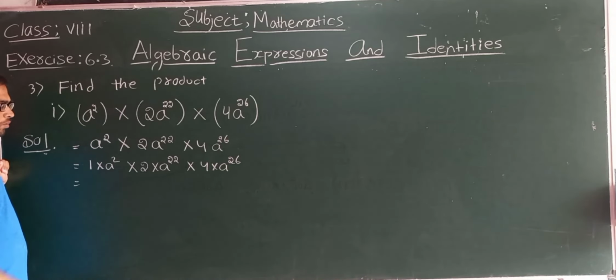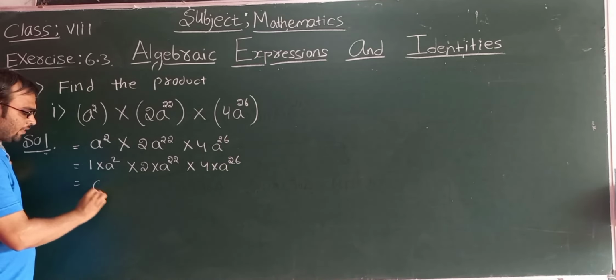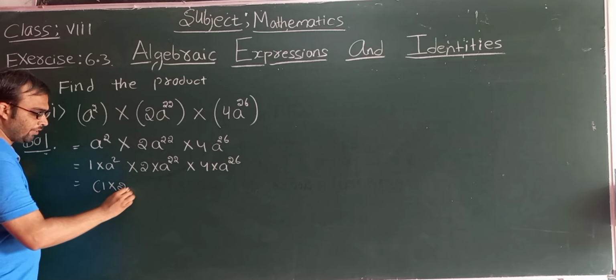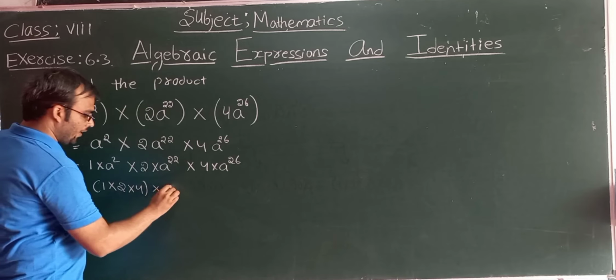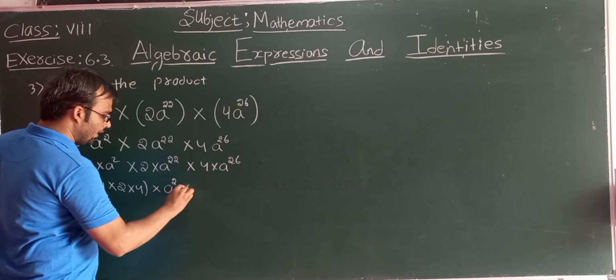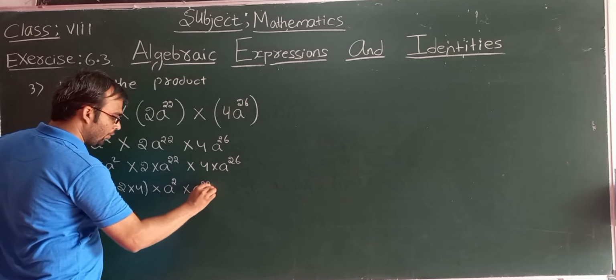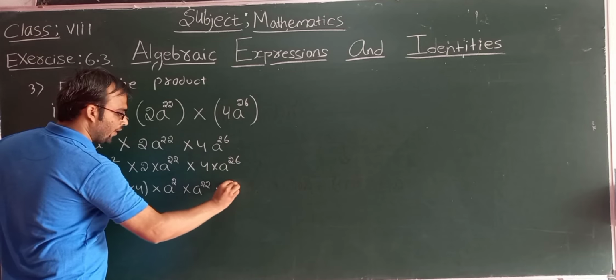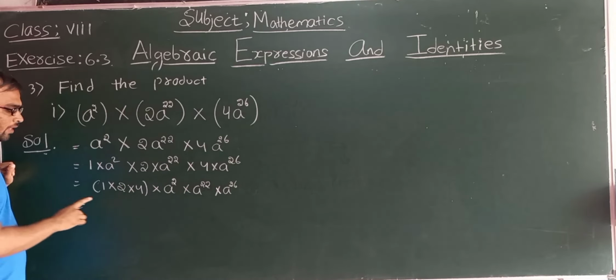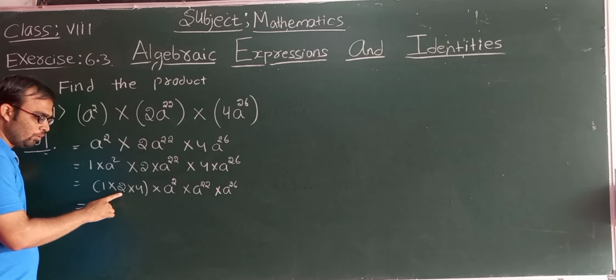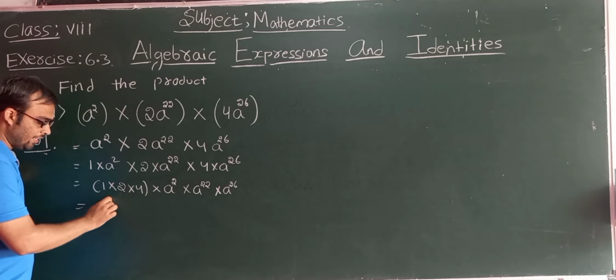Now group numbers one side, 1 into 2 into 4, and variables one side, a to the power 2 into a to the power 22 into a to the power 26. Now 1 2s are 2, 2 4s are 8.